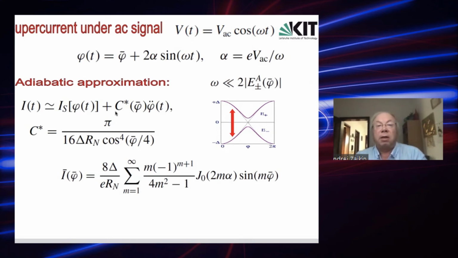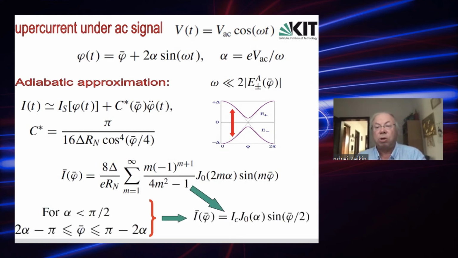And in addition, you have this term, which perhaps I won't comment on. This is a sort of renormalized capacitance, which depends on the average phase. But in any case, if you average the result with respect to time, then you get this kind of expression, which you can sum exactly under this condition.